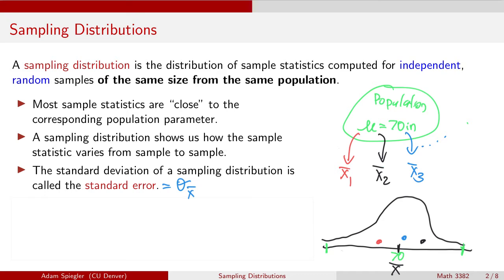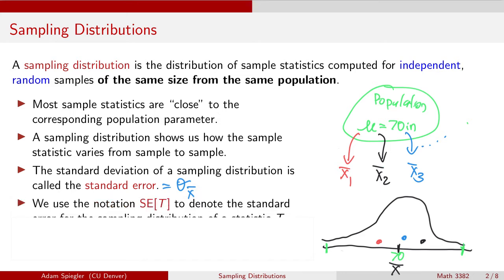It's telling us how much variability there is in sample statistics calculated from samples all of size n. Because this standard error is special, we give it notation, SE, to stand for standard error, and this would denote the standard error for some sampling distribution of a test statistic.